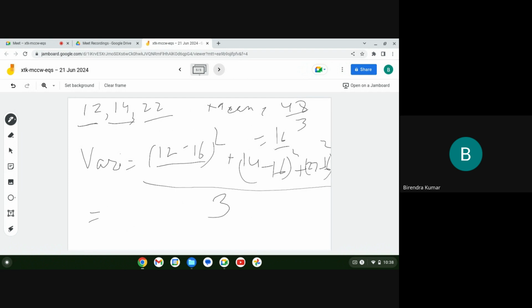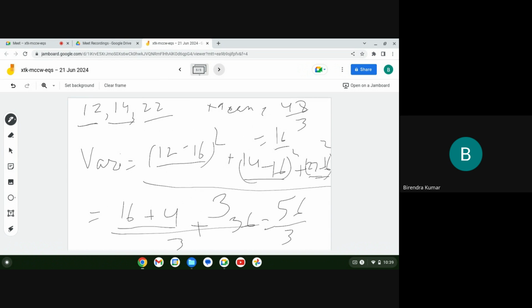So my variance is what? 12 minus 16 is minus 4, square is 16. Plus 14 minus 16 is minus 2, square is 4. Plus 22 minus 16, 6. 6 square is 36. Divide by 3. How much is that? 16 plus 4 is 20, plus 36, 56. Divide by 3.